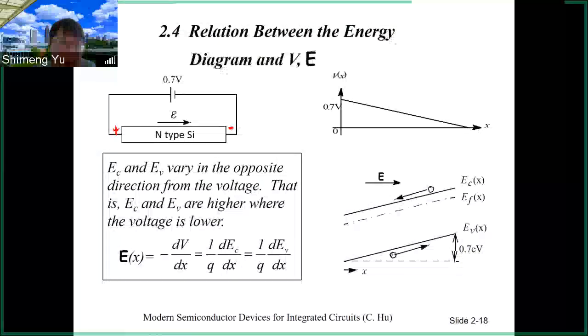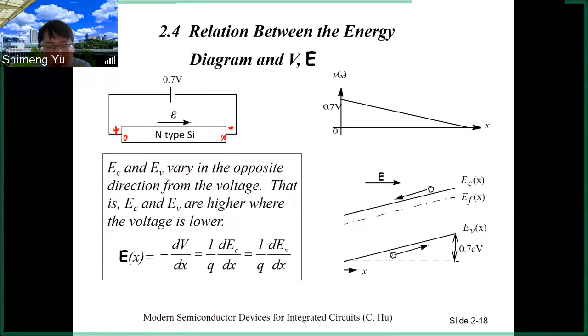And in this case, you will have voltage drop from the 0.7 volts to 0 from the left, if we think this is 0, and then here is the x. So we want to look at the band diagram under the external electric field.